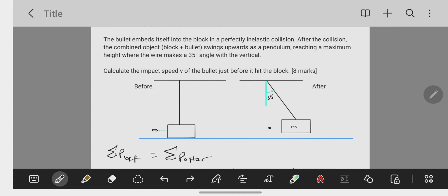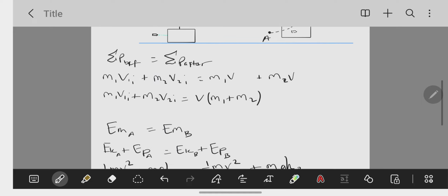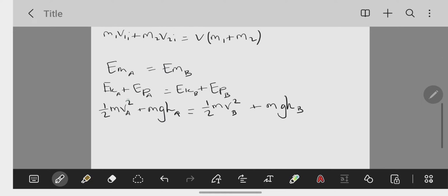Okay, so we'll say that is point A and that is point B. So at point A, we don't know what the velocity is. That's the velocity that causes the pendulum to swing. Okay, so we don't know VA squared. Actually, that's what we are trying to figure out.